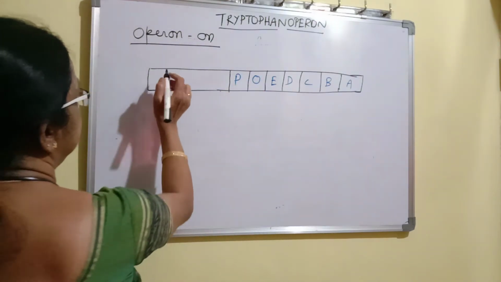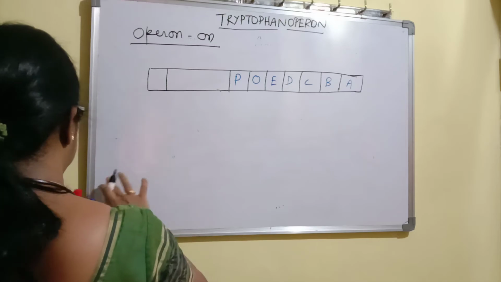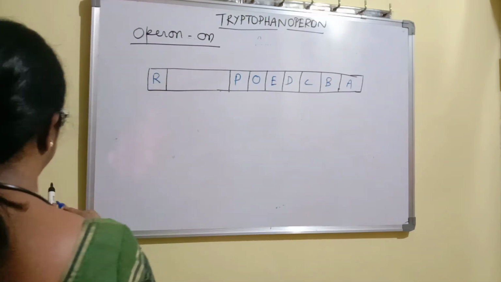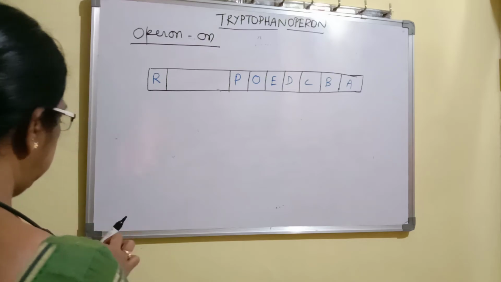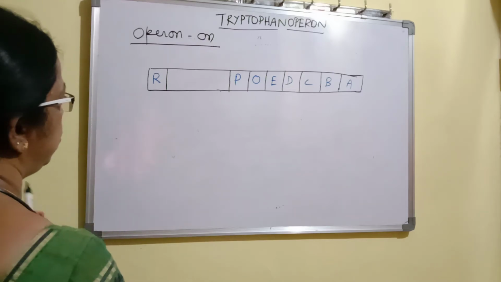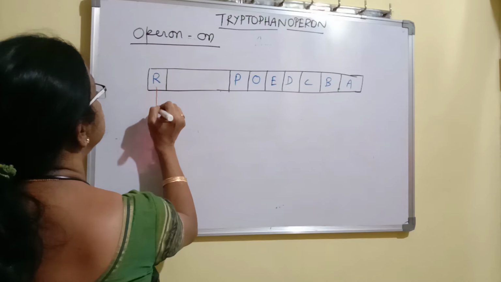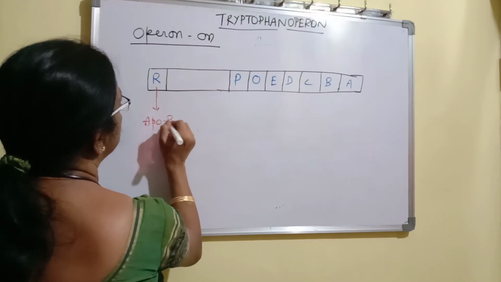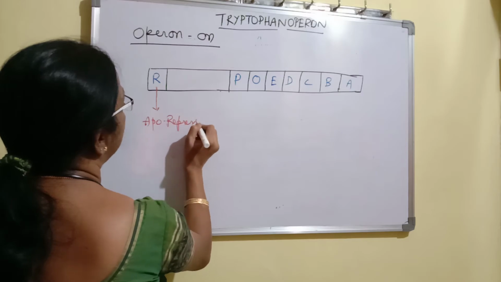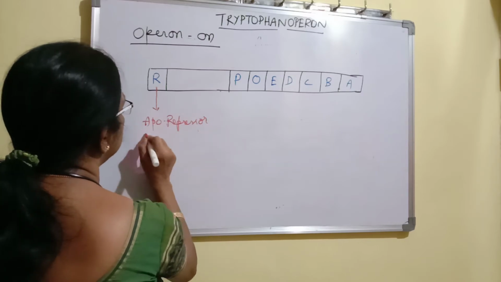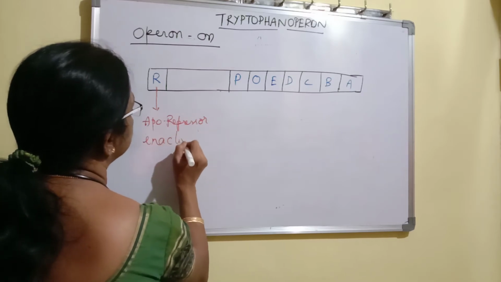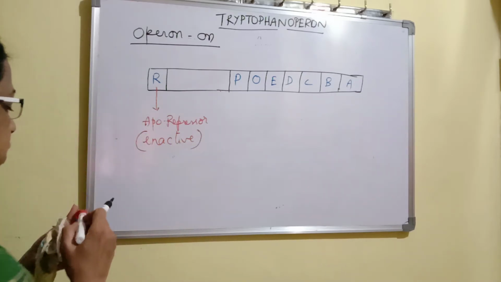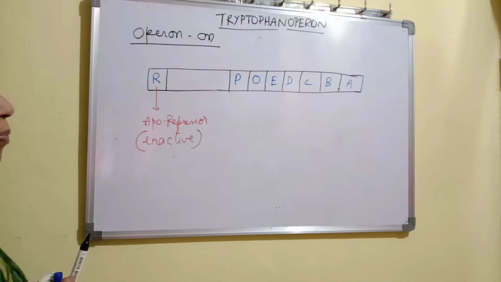And here there is a regulator gene. Now this regulator gene will produce aporepressor. And we know aporepressor is the inactive repressor.